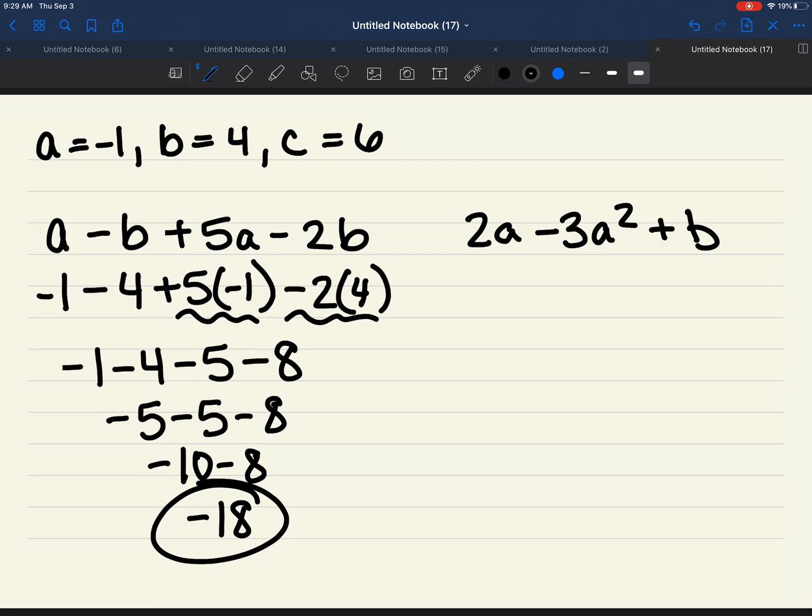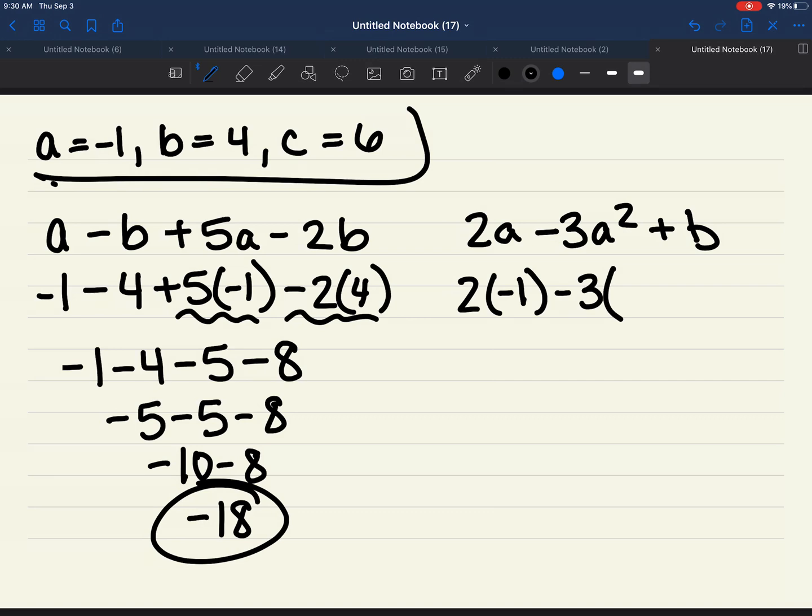Molly, you want to give it a shot? What would I do first? Substitute. Okay, I'm using these same numbers. Substitute for me and tell me what it would give you. 2 times -1 minus 3 times -1 squared plus 4.